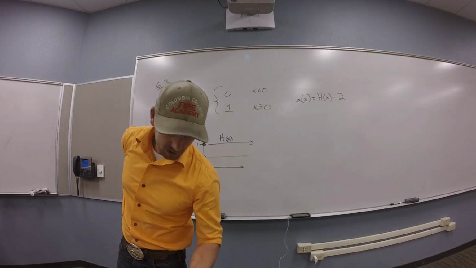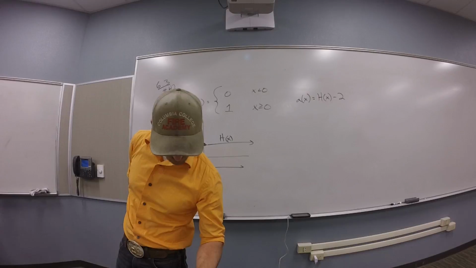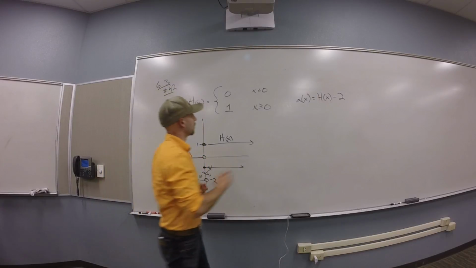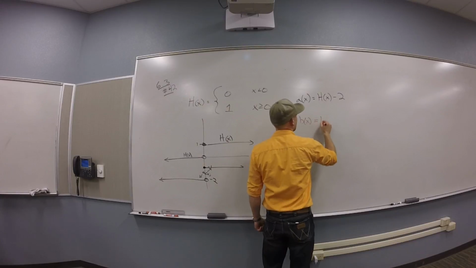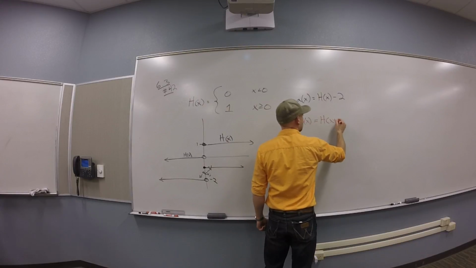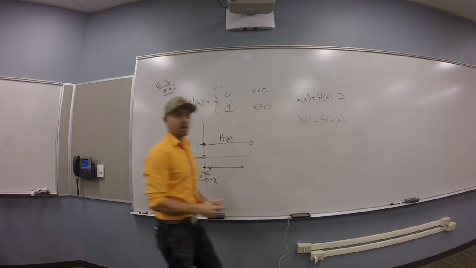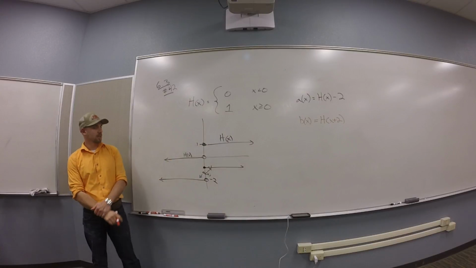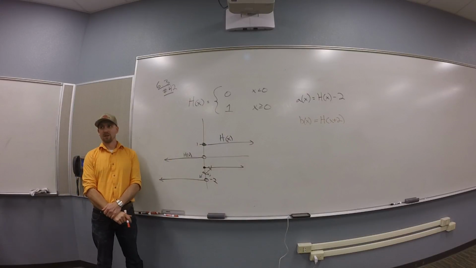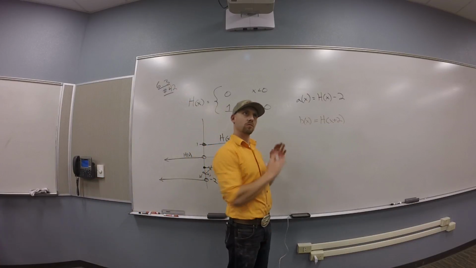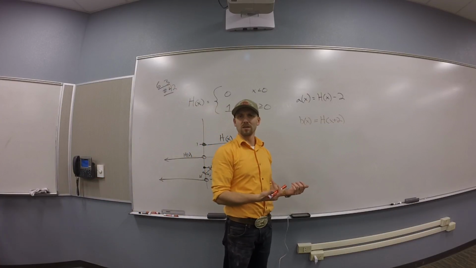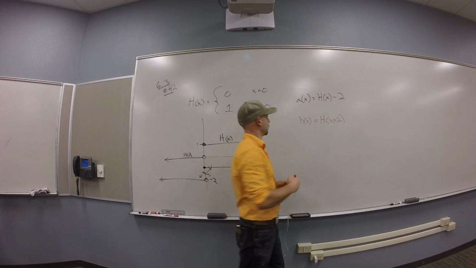All right, what's b of x? B is h of x plus 2, with the plus in the argument. So what's this thing going to do? Left or right? I always forget. Left.